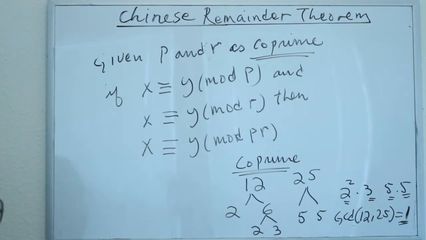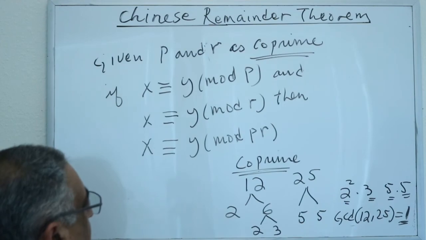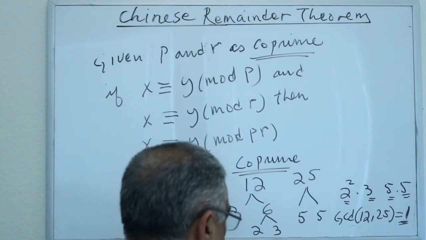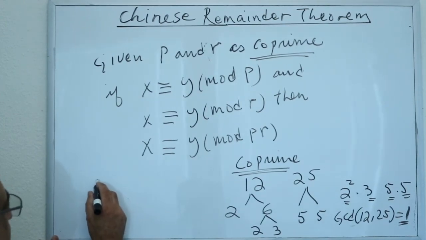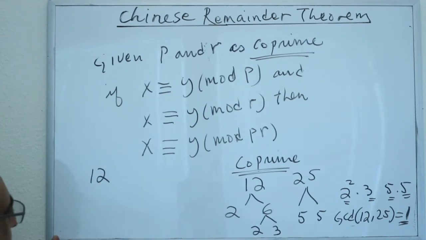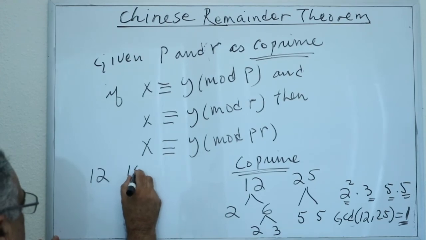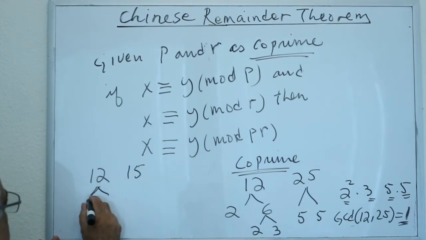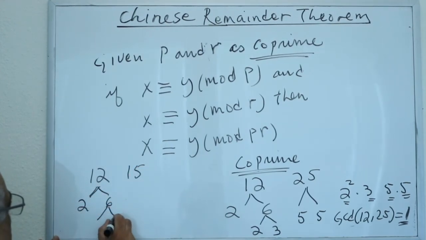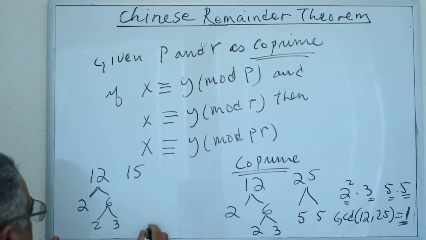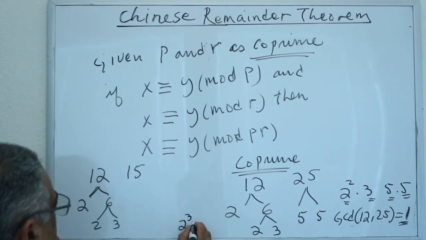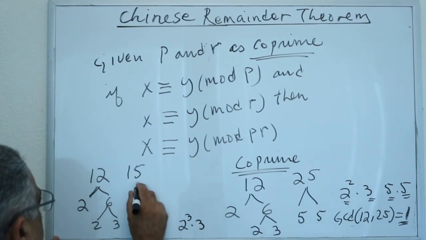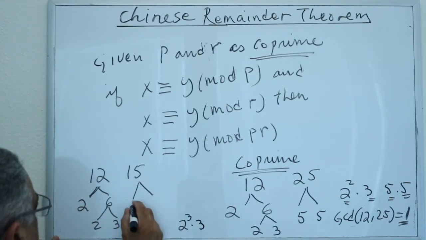How about if I give you another example? Let's pick another problem. How about if we take 12 and 15? What are the factors? 12 is 2 and 6, and 6 is 2 and 3, so the factors of 12 are 2 squared and 3. How about the factors of 15?